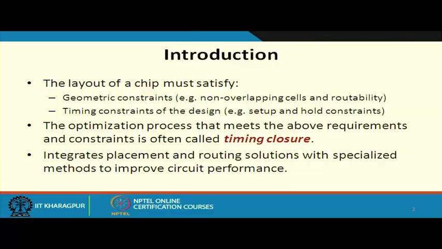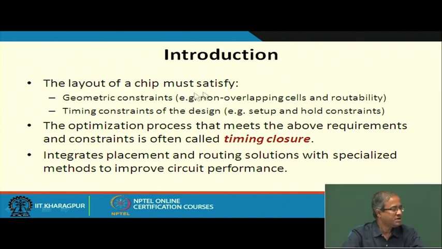This is what the final layout of the chip will look like, and the layout must satisfy two constraints. The first is called geometric constraints. These are something which we shall be discussing in some detail later.